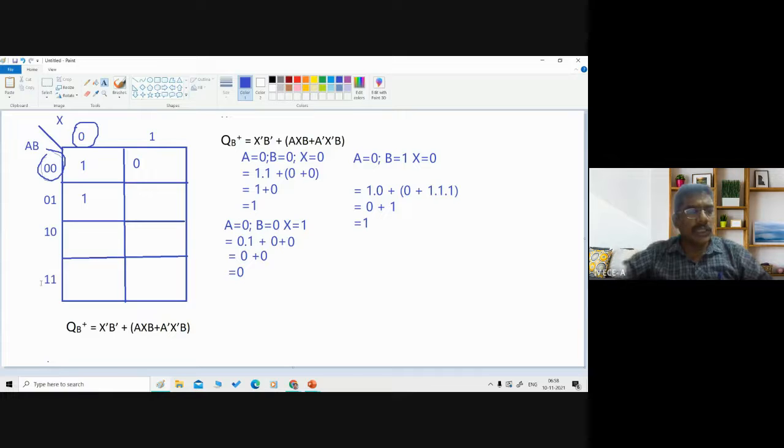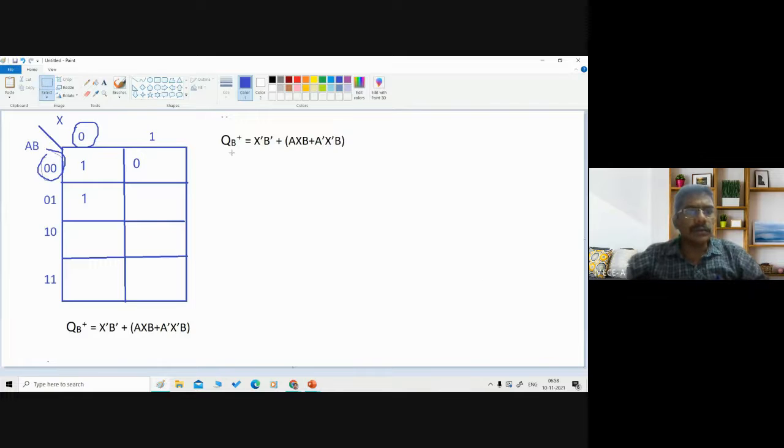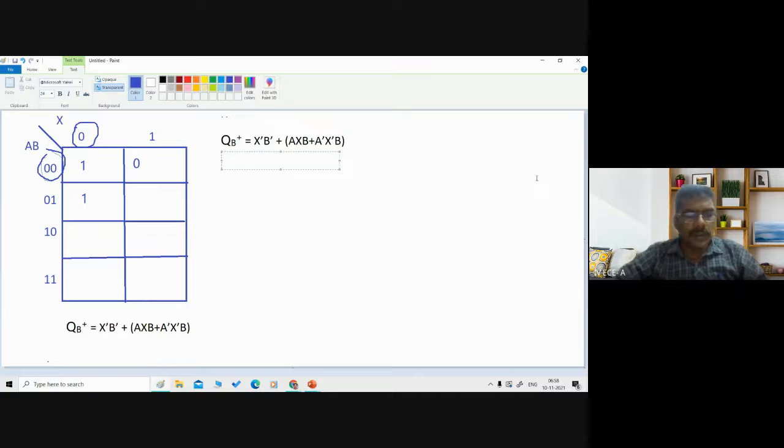Okay, I do one more value. I do the last case. Okay, last case, a b equal to 1 1, x equal to 0 0. Okay, a equal to 1, b equal to 1, and x equal to 0. Substitute this value.